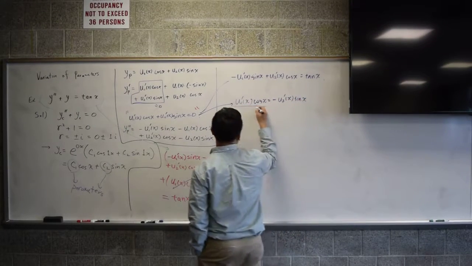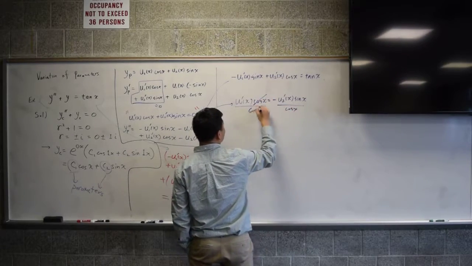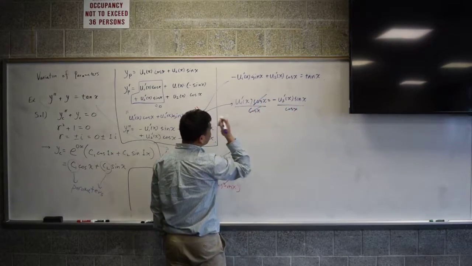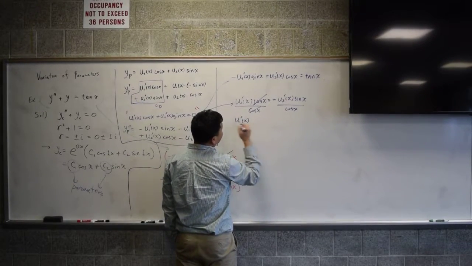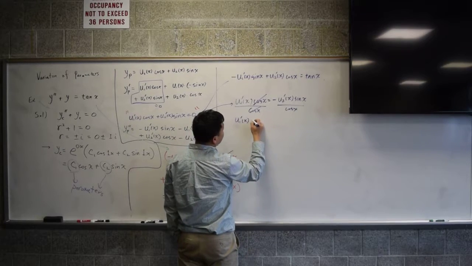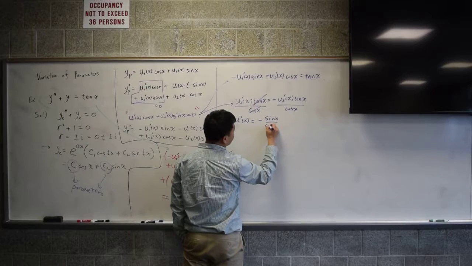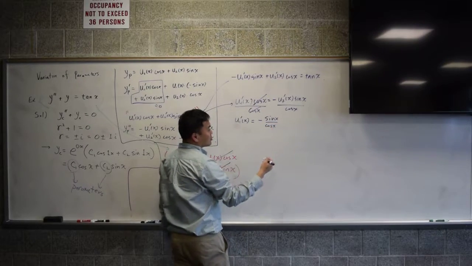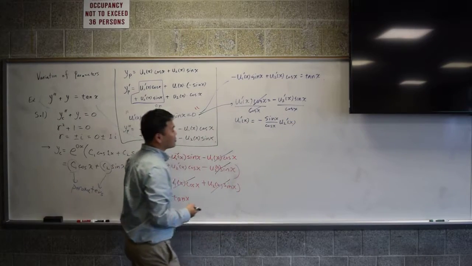And then we divide by cosine x, so that the cosines cancel, leaving you with u1 prime of x equals negative sine x over cosine x, which by the way is tangent x, right? So it's not too bad.